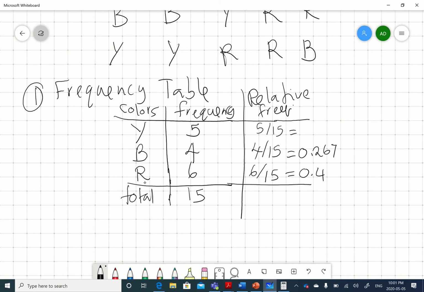Okay, so these are the relative frequencies.